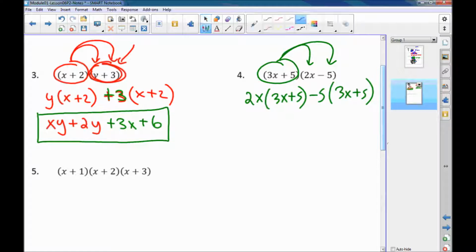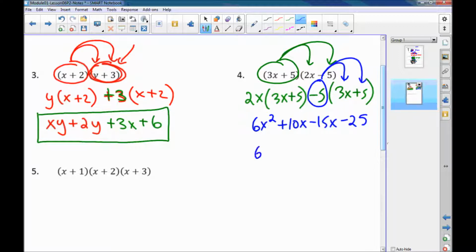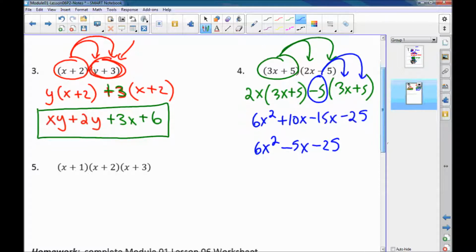All right, so 2x times 3x gives you 6x squared. 2x times 5 will give me 10x. And then I'm going to distribute the -5 to these. So -5 to 3x will give us -15x. And -5 to positive 5 will give me -25. So this is going to be 6x squared minus 5x minus 25.